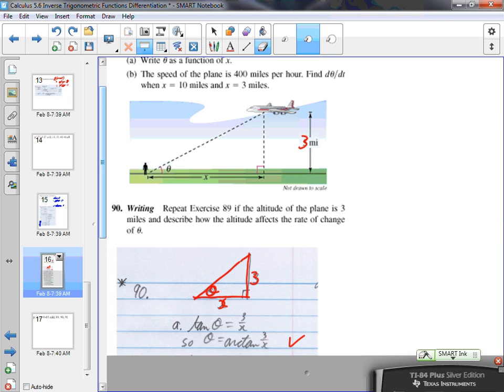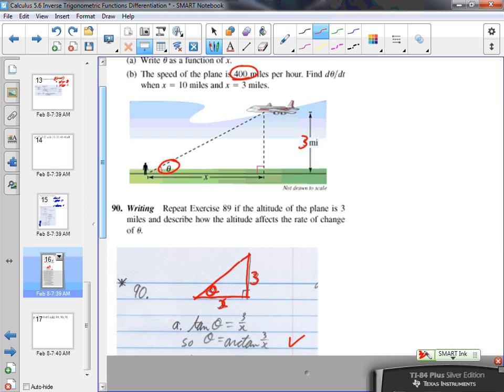So when they say that the speed of the plane is 400 miles per hour, they're giving us a rate. When they tell us the speed of the plane, what do we know is changing? That's the rate of change of what? Position. Right? The speed is the rate of change of position.